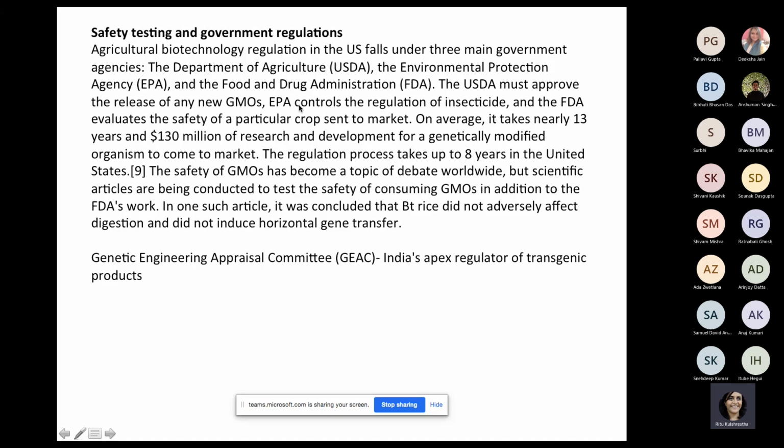So the approval of any transgenic plant takes several years, and the development of these genetically modified plants and the approval also requires a lot of money. So I wanted to sensitize you to the fact that there are various government regulations regarding their use.